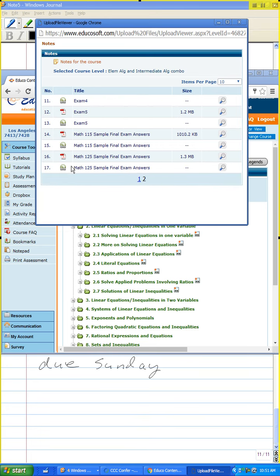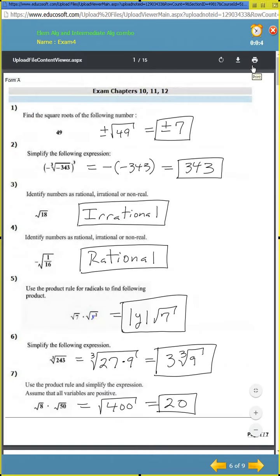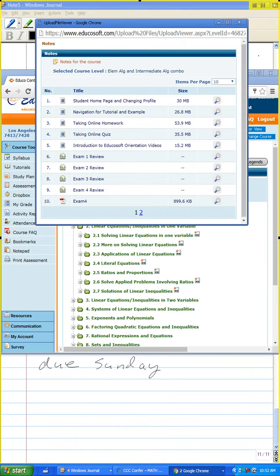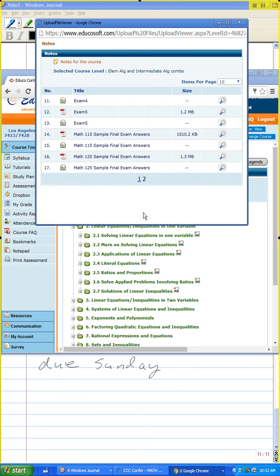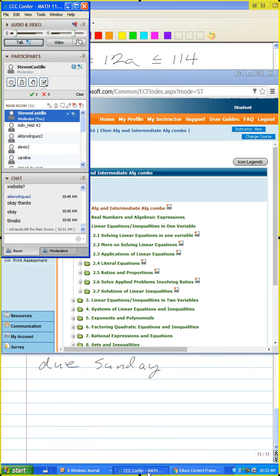Let's say if you want to do this one, you could click here, and then from here you could also print it. Okay. So I have several different locations where you could look and print exams. Any other questions on Educosoft stuff before I close that?